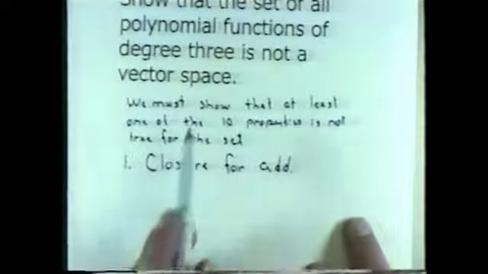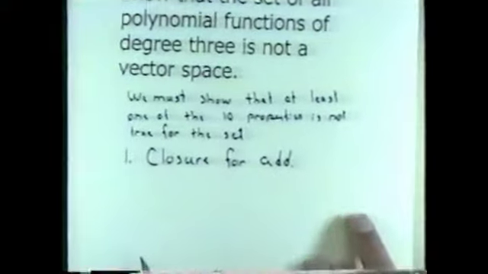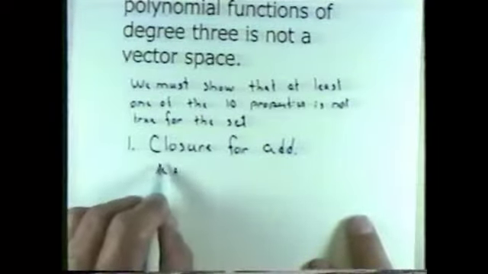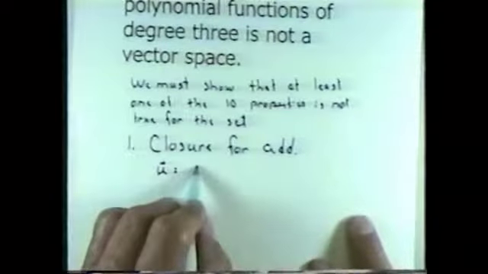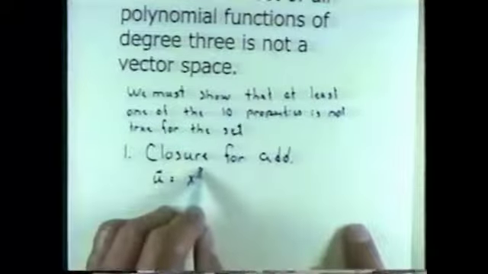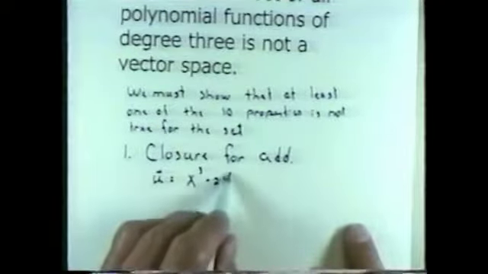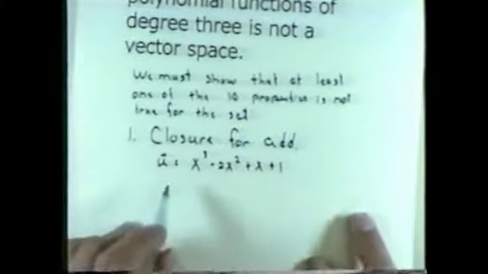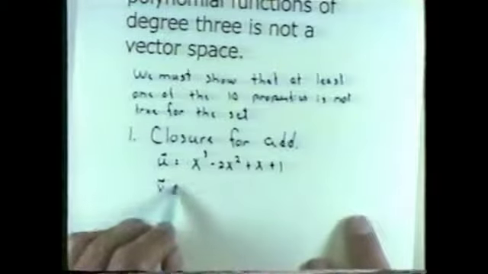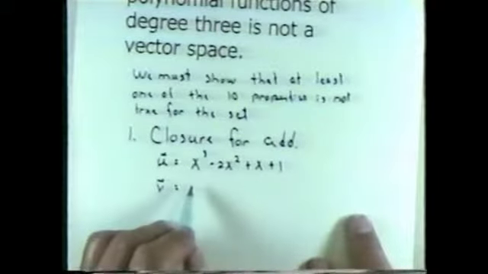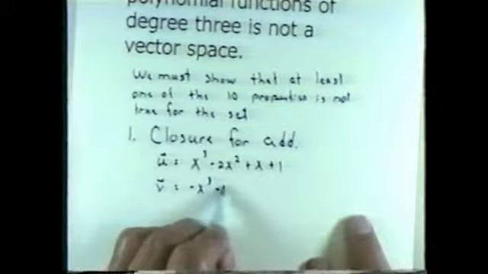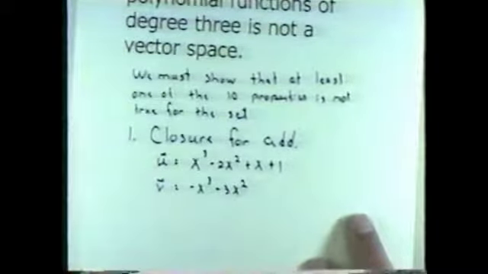Now remember, in order to prove something is not true, all I have to do is to find an example. So let's let the vector u be, and we want polynomial functions of degree 3, x cubed minus 2x squared plus x plus 1. Vector v will be the opposite of x cubed minus 3x squared.